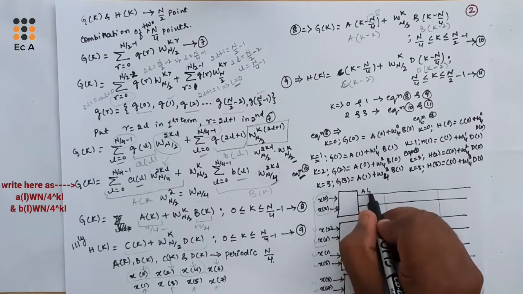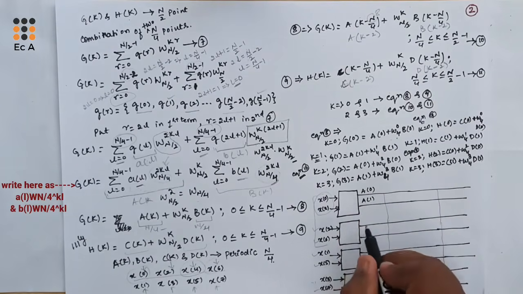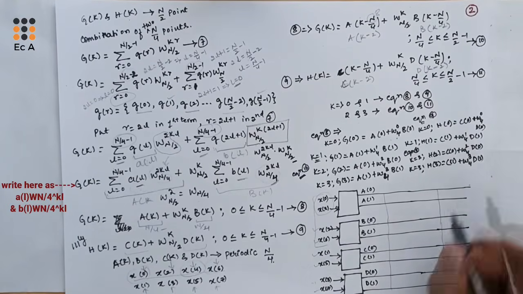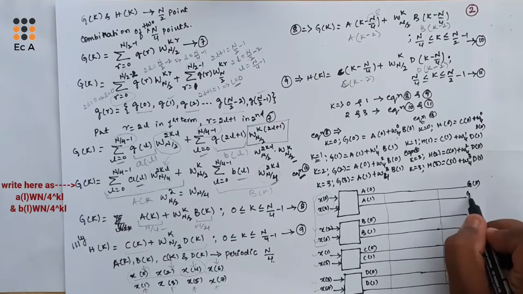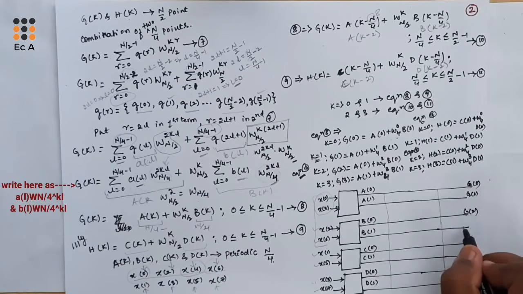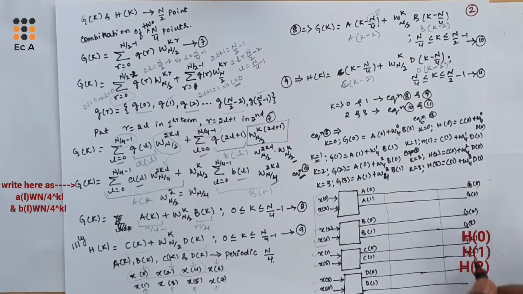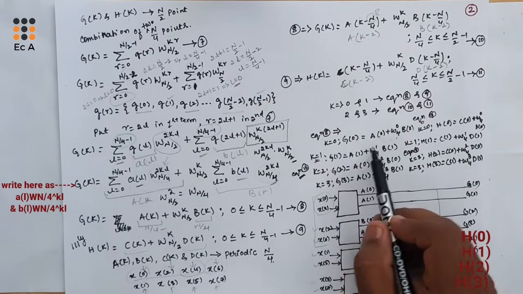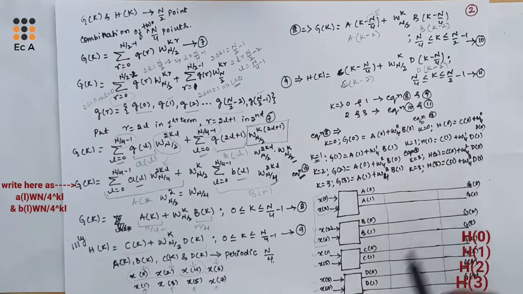So, let us write here a of 0, a of 1, b of 0, b of 1, c of 0, c of 1, d of 0, d of 1. So, here it will be g of 0, g of 1, g of 2, g of 3. Now to get the output g of 0, we should have a of 0 plus w4 to the power of 0, b of 0.